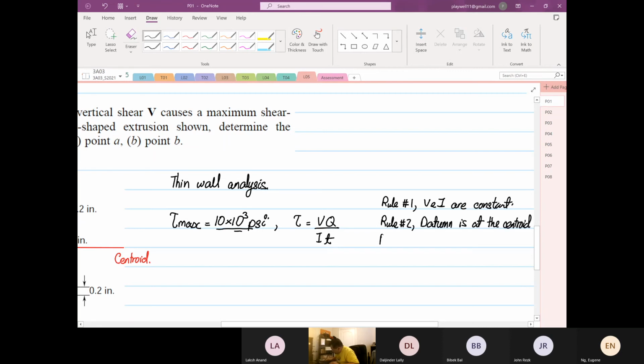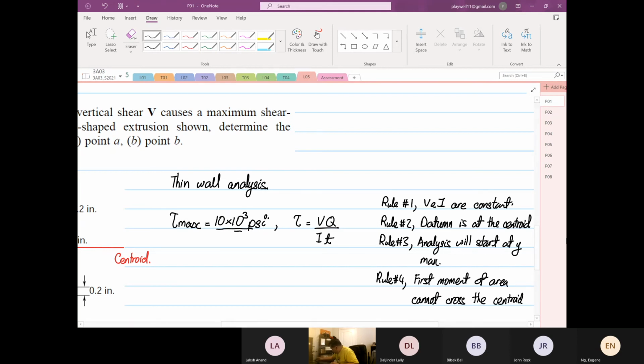Then rule number 3: analysis will start at Y max. Rule number 4: the first moment of area cannot cross the centroid.